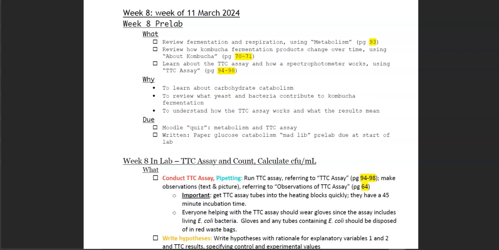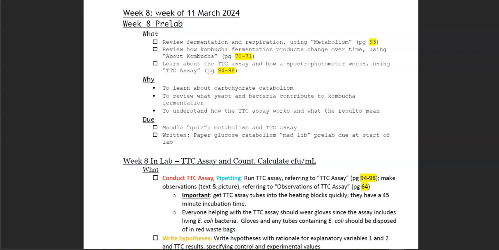So the bacteria produce maybe 3 or 4 different types of acid, but the primary acid produced is acetic acid, which is the acid in vinegar. Vinegar is acetic acid. This is why if you let your kombucha go for longer, it gets this kind of sharp, tangy vinegar smell because it's making a lot of acetic acid.